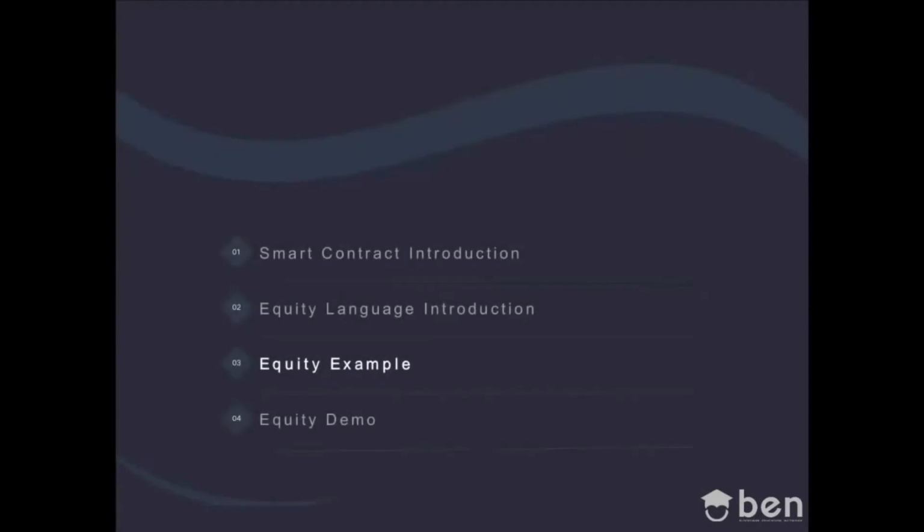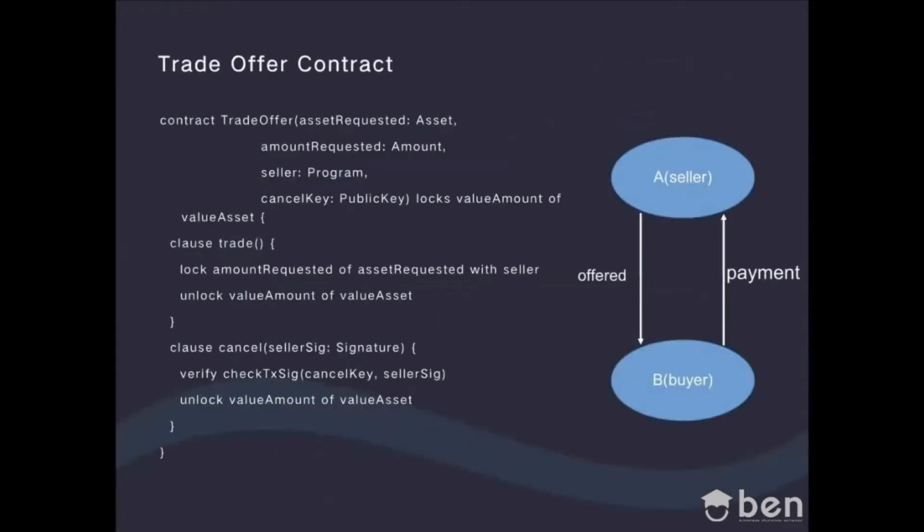I'm gonna give you guys 2 examples here. The first one is the trade offer contract. Trade offer means that, say, a seller A wants to trade an amount of BTM or BTC or Ethereum to buyer B, and buyer B will offer a payment.